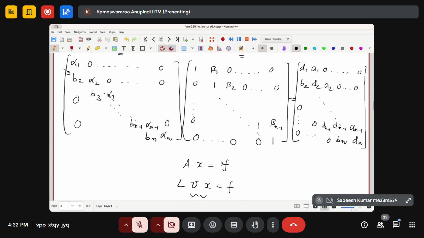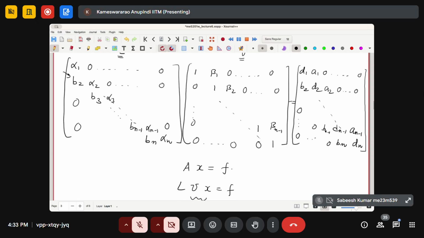Okay, if this is the case, then let me multiply these rows with the columns and tell you what these are. So if I multiply the first row with the first column, what is that going to give me?